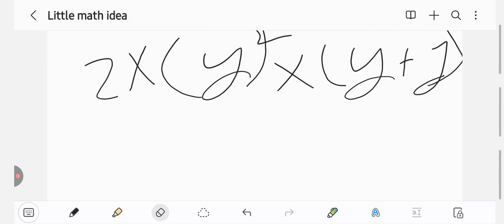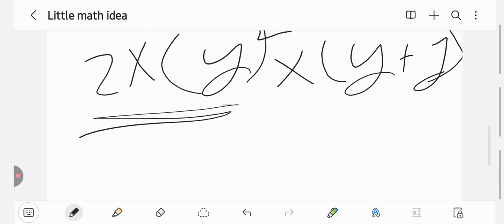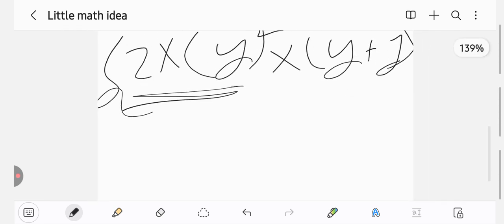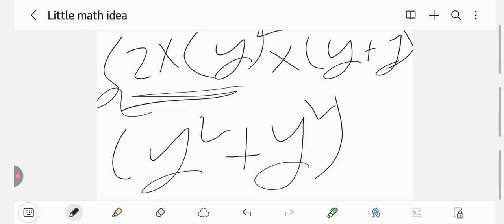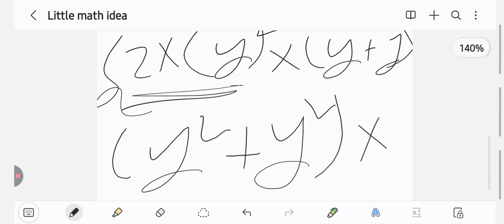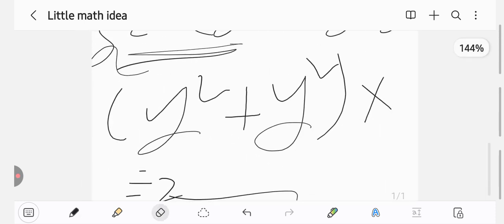Now look here, let's first multiply these two. When you are multiplying a lot of numbers at the same time, you first do it with the 2. So if I do 2 times y squared first, we get y squared plus y squared. That's what 2 times y squared means.